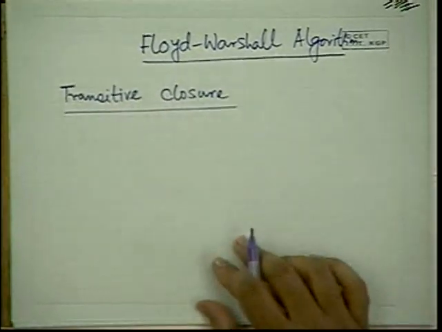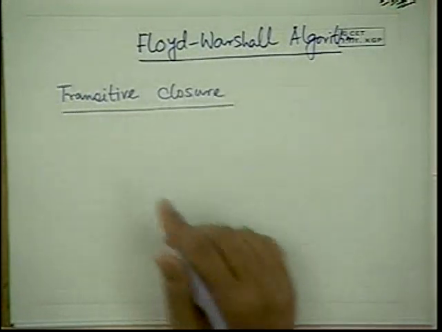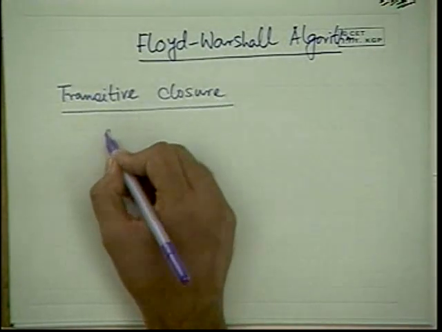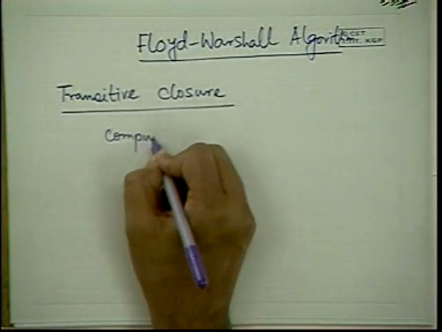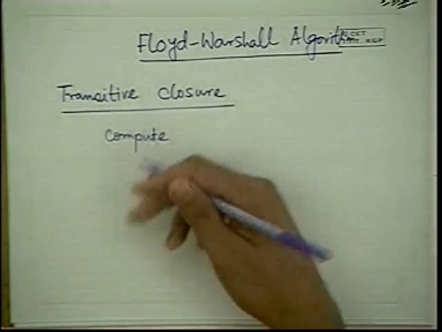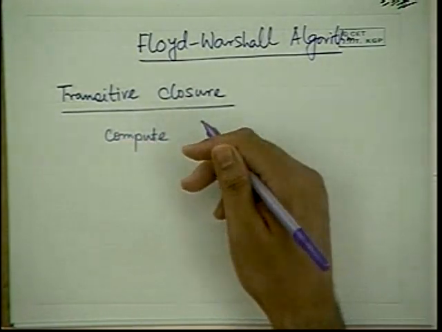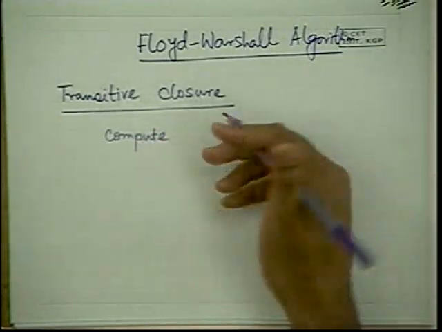So what is a transitive closure? The definition is this: compute, well, in terms of definition I should not say compute, but you can always define it this way.